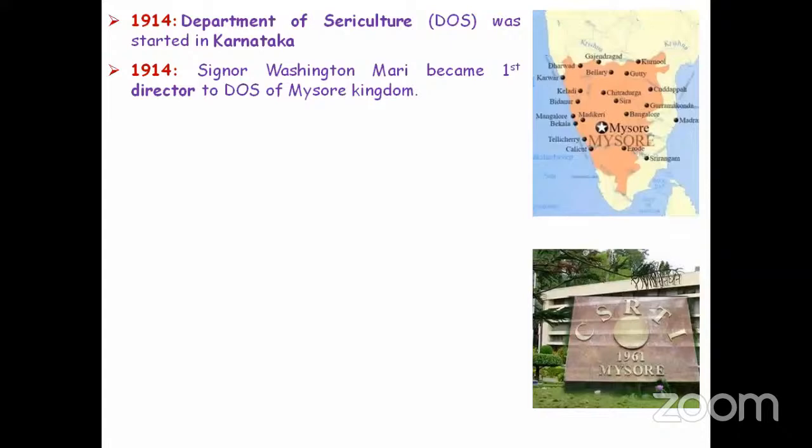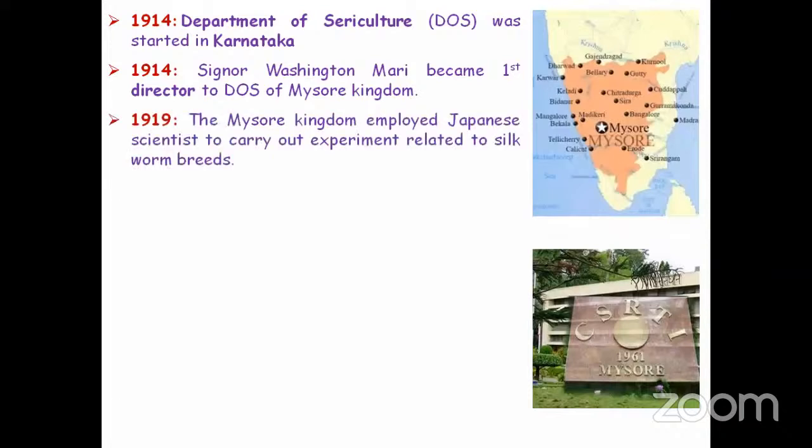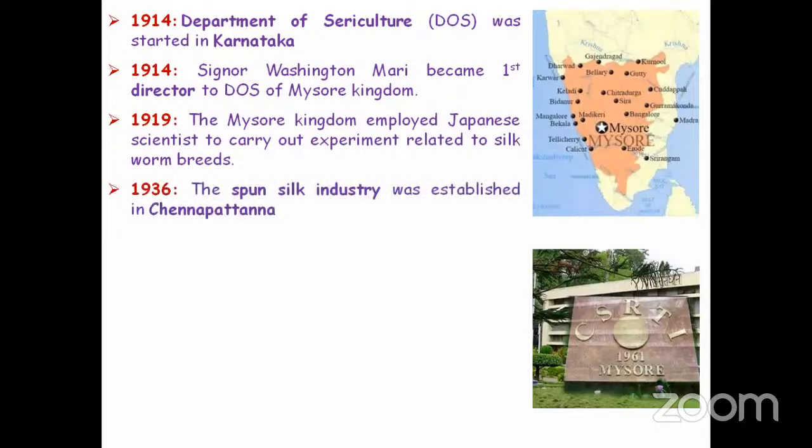The Mysore Kingdom employed a Japanese scientist to carry out experiments related to silkworm threads. In 1936, the spun silk industry was established in Channapatna.